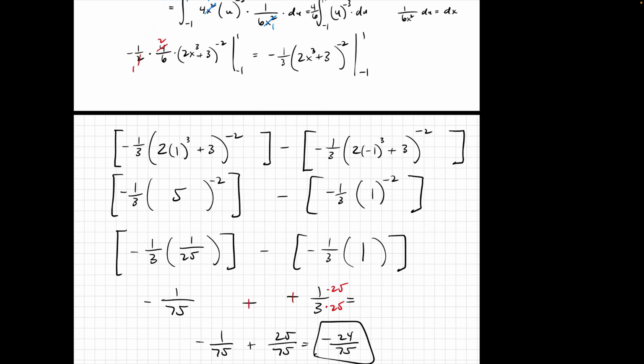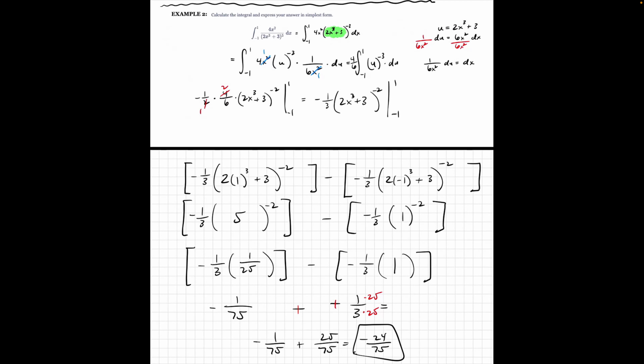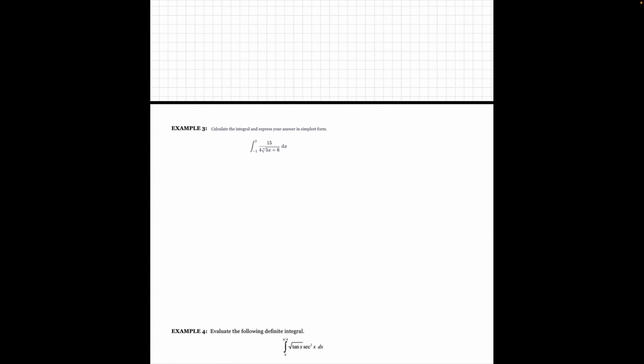That would be the area under the curve, negative 24/75. Now, that looks like a lot, but it's not. Antiderivatives you guys have done. This is just plugging in. That's all it is, right? That's all it is, plugging in.